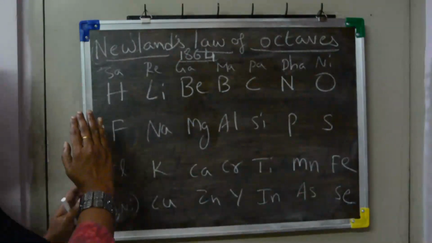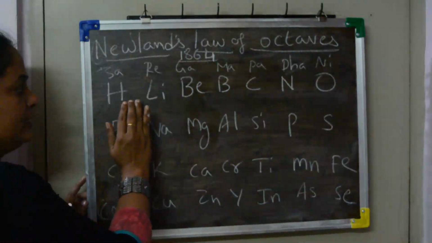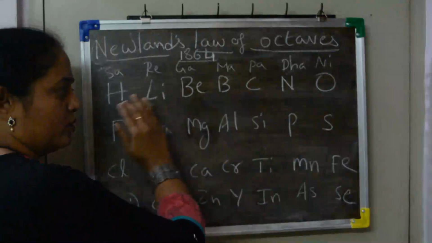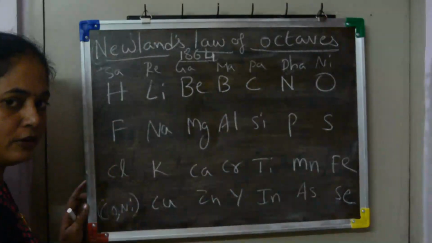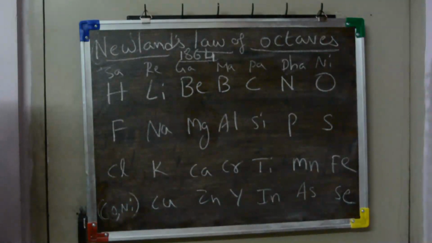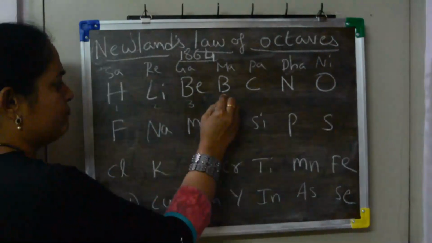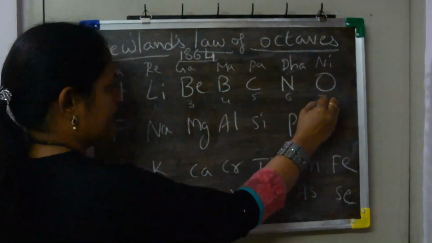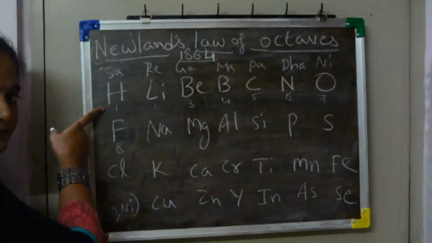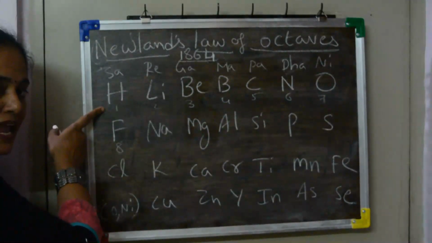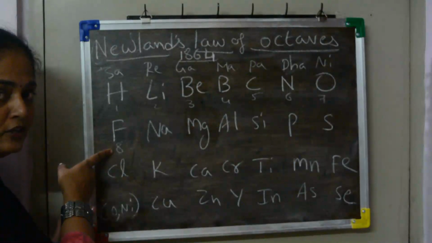Now, when he arranged like hydrogen, helium, lithium, beryllium, boron, like that, in the increasing order of atomic mass, he understood that every eighth element, suppose this is 1, 2, 3, 4, 5, 6, 7 and 8. Hydrogen, if we consider the first element, the eighth element for hydrogen is fluorine.